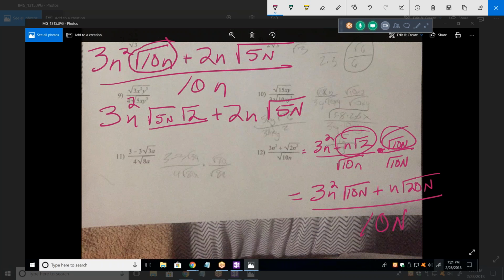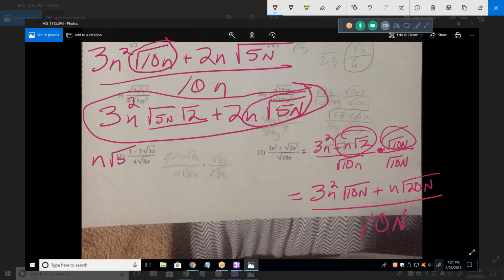Just working with the numerator, I'm going to take a greatest common factor out of that. Well, the greatest common factor is that, n root 5n. I can take one out from this term, and I can take one out from that term. You see how? Okay, so I'm going to take an n root 5n times 3n plus 2 root 2.